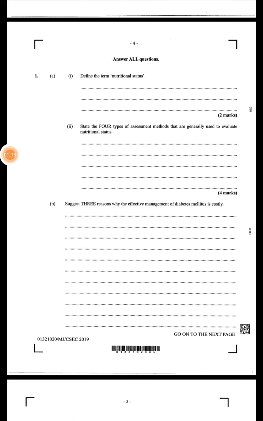State 4 types of assessment methods that are generally used to evaluate nutritional status. Here, for this question, we are focusing on the ABCDs towards health. So, it says we are to state the 4 types of assessment methods. What do you think they are? Tell me down below. So, this would be A for anthropometric measurements.